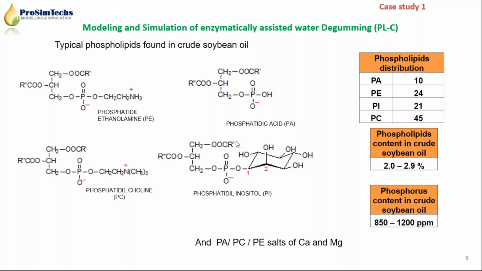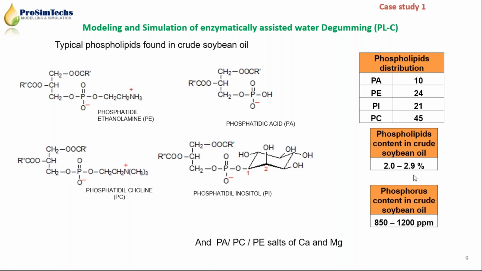And typically, crude soybean oil has a phospholipid content range of 2% to 2.9%, depending on the process upstream of the water degumming process used to extract the oil from the bean.